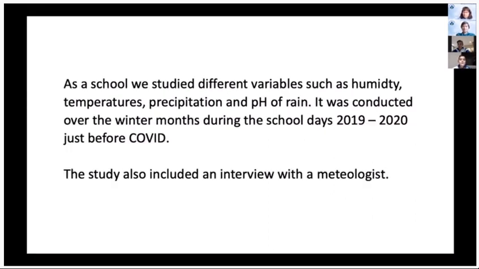As a school, we studied different variables such as humidity, temperatures, precipitation, and pH of rain. It was conducted over the winter months during the school days of 2019 to 2020, just before the COVID pandemic happened. The study also included an interview with a meteorologist.